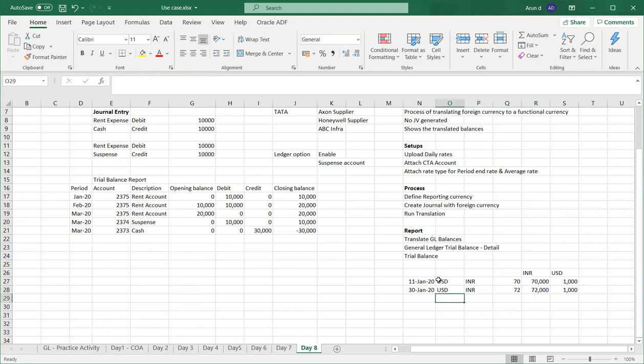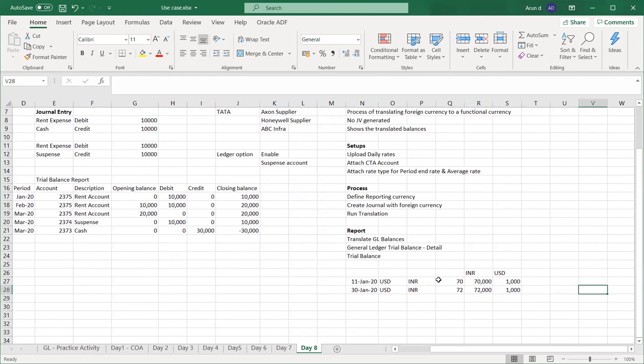If I run it, the system will translate the balance and show me that this is 72,000. Again, here we have another process called revaluation. I'll just put this one as well.